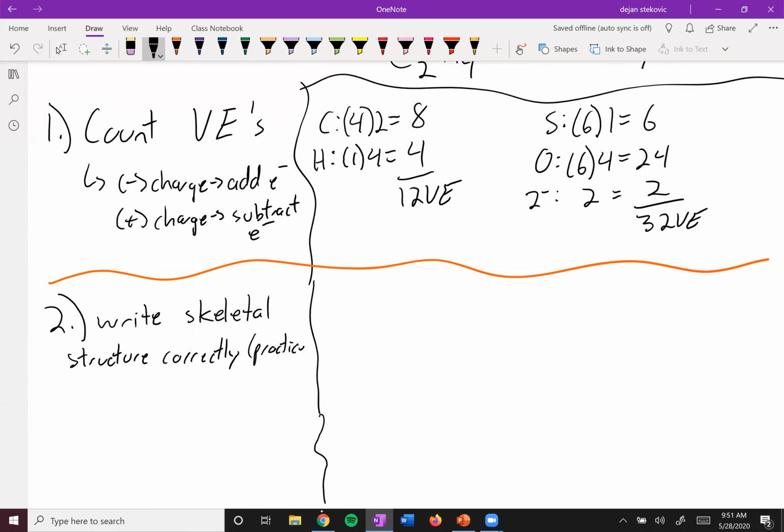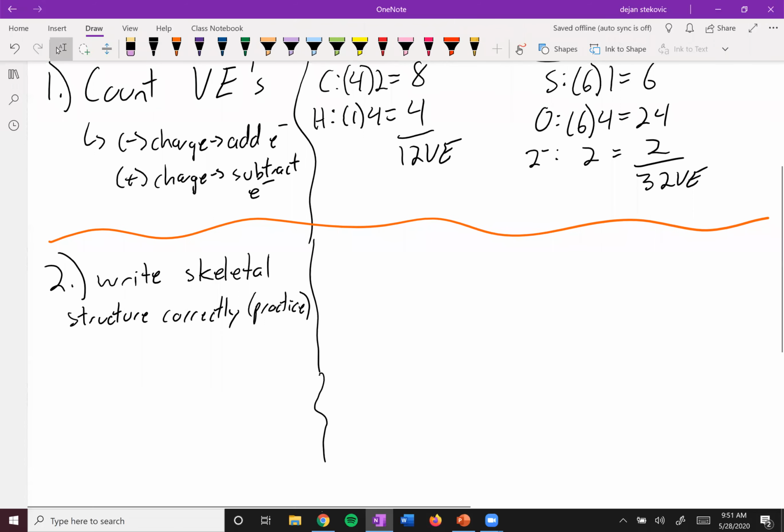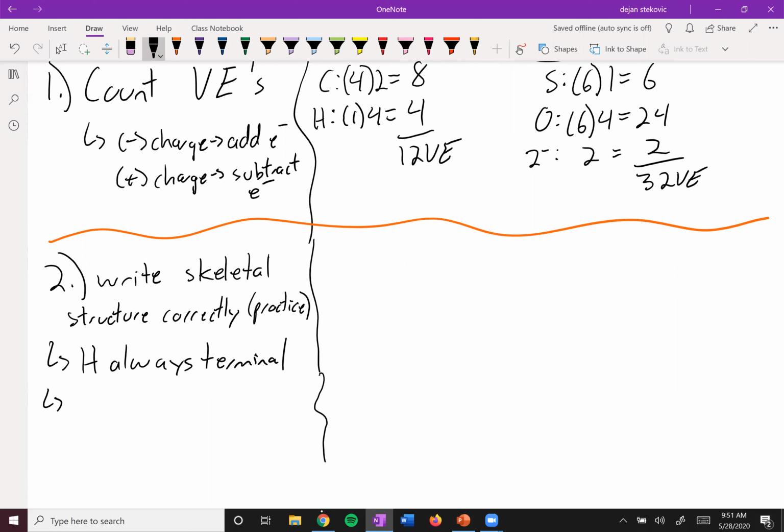The more you practice, the more you'll see some themes going on. So some little hints: hydrogen is always terminal. And the least electronegative atom, other than hydrogen, goes in the center.